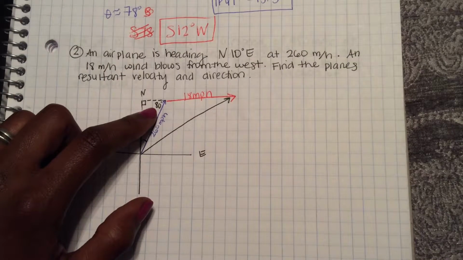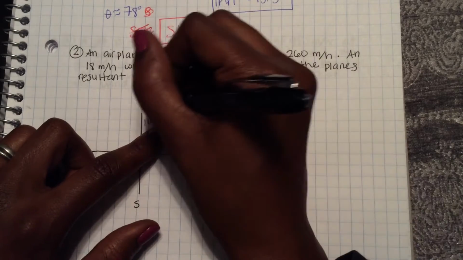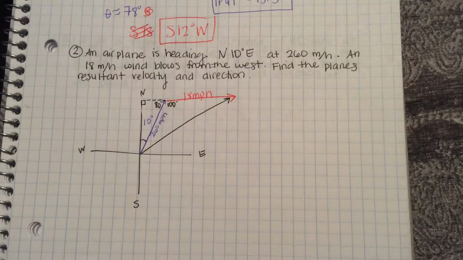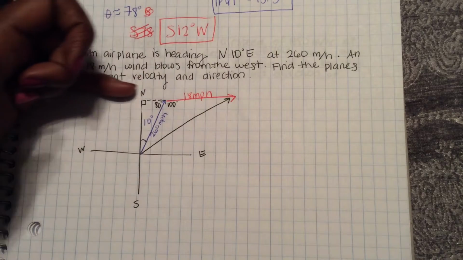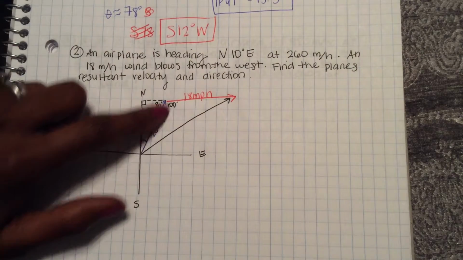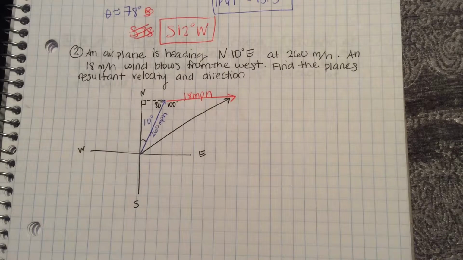If this angle is 80 degrees, so that was triangle sum theorem. If this angle is 80 degrees, it's supplementary with this angle, so this angle has to be 100. So drawing this one line right here, my wind vector completely helped me to create this right triangle that helped me find this missing angle.